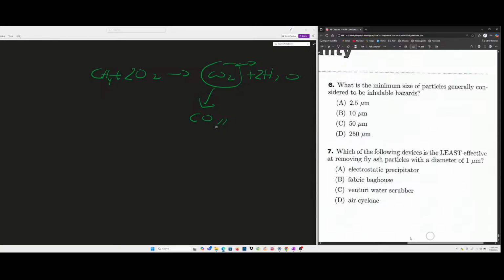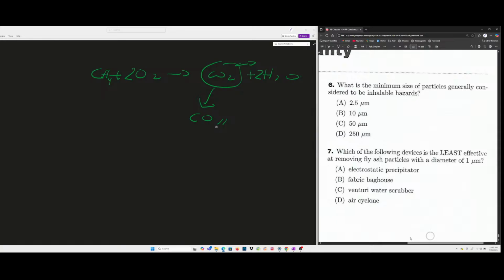So the next question we have: which of the following devices is the least effective at removing fly ash particles with a diameter of 1 micrometer? It's not going to be electrostatic precipitators. It's not going to be fabric baghouse. It's going to be the air cyclone, because an air cyclone has to deal with gravity.